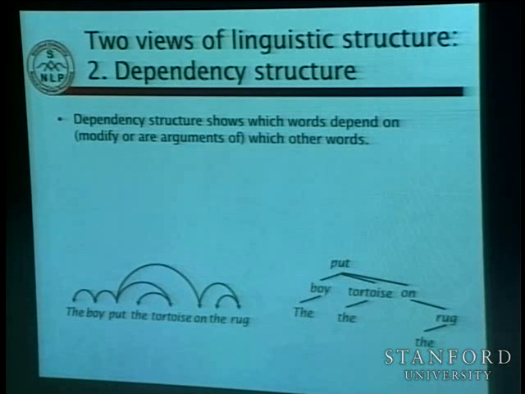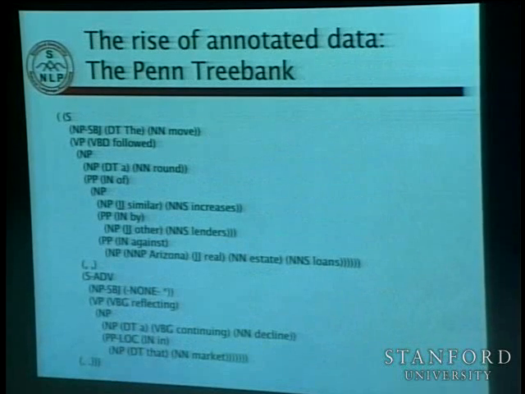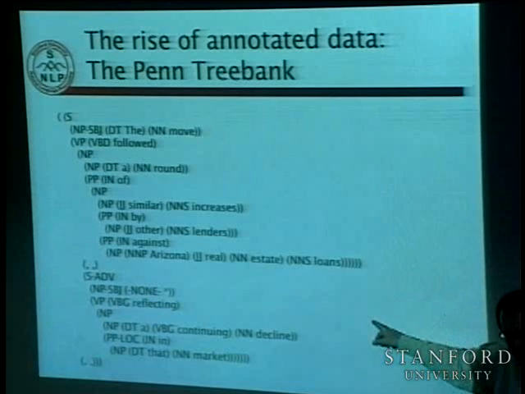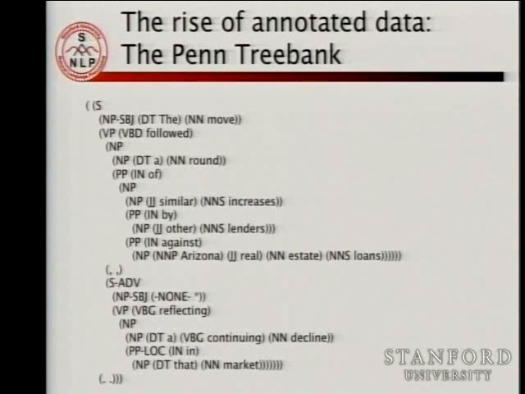What do people do about that? It varies, but what the Penn Treebank does about that is it represents it as a tree anyway. So in the Penn Treebank and context-free grammar parsing, everything is always represented as a tree, and things that don't fit into that tree structure are handled by other mechanisms.